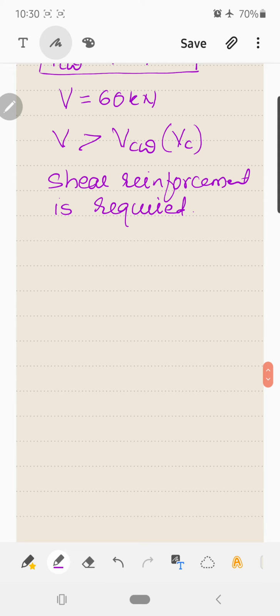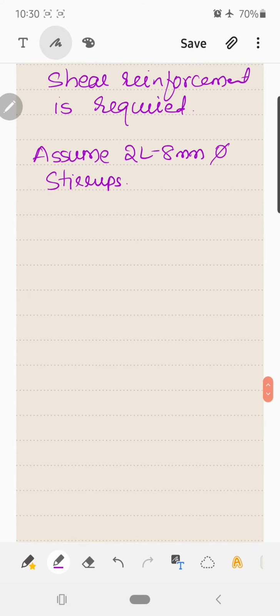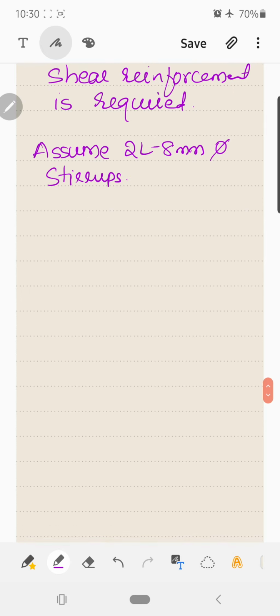So let us assume 2-legged 8 mm diameter stirrups. Normal HYSD bars are used. Calculate the spacings.